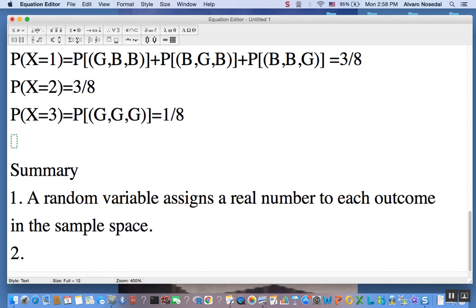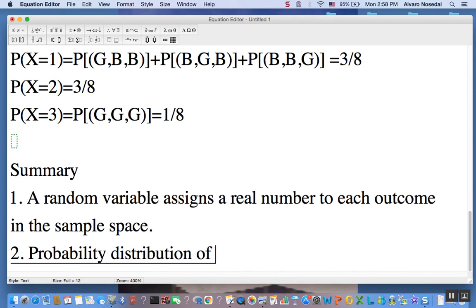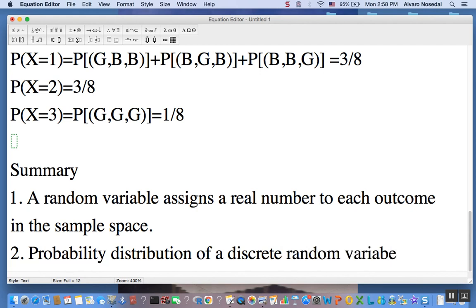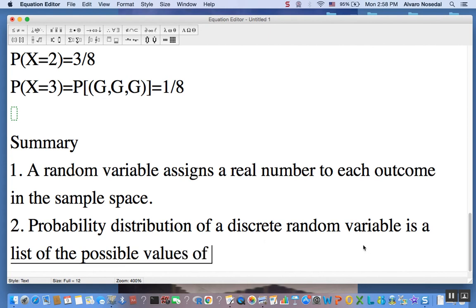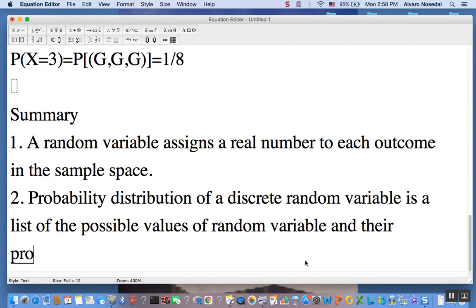So just let me remind you that the probability distribution of a discrete random variable is a list of the possible values of the random variable and their probabilities.